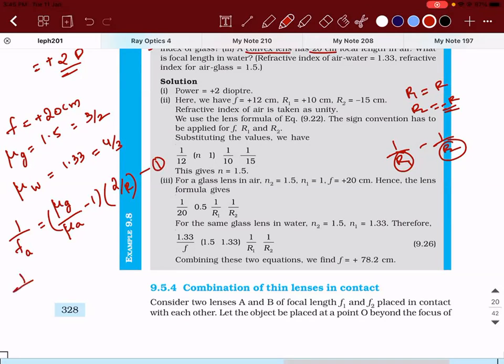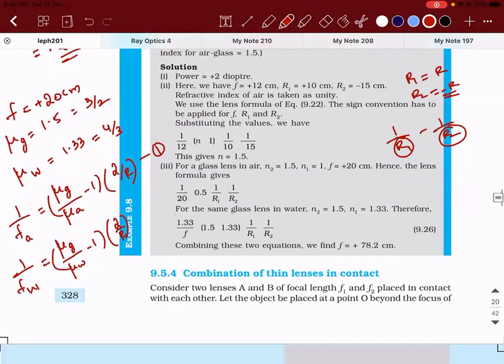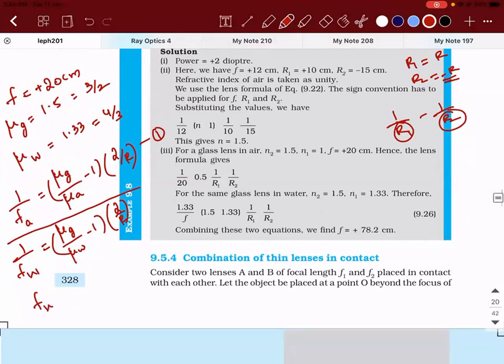Now what about 1 by the focal length of the glass in water medium? So that is refractive index of glass divided by refractive index of water minus 1, into 2 divided by r. Okay. Now what you do is divide both. When you divide both, focal length in water divided by the focal length in air will be equal to refractive index of glass with respect to air is 3 by 2.